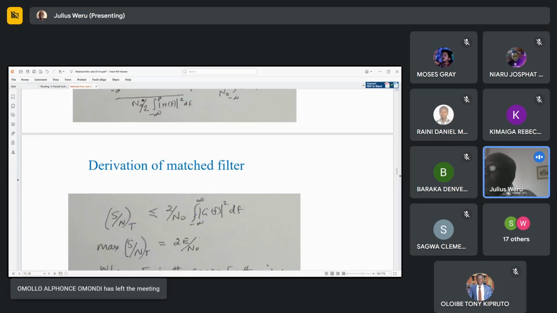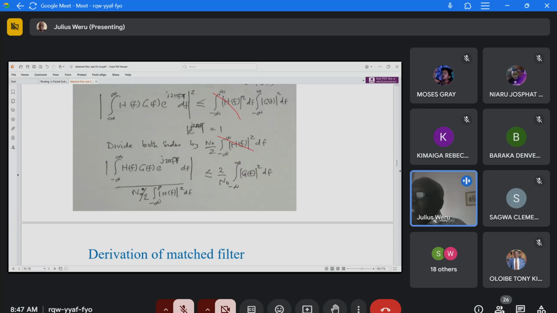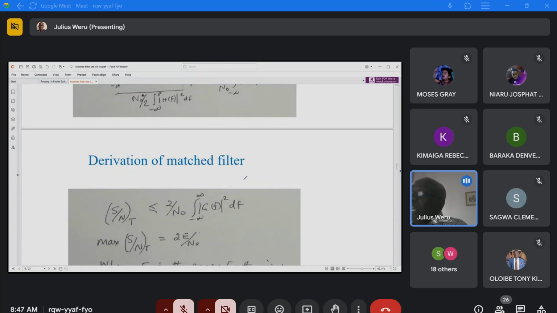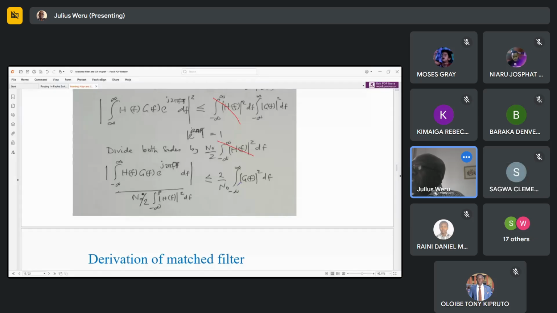But we also know that this, G(f) squared here, is actually the signal power. Actually, it's not even signal power, this is |G(f)|^2 df.